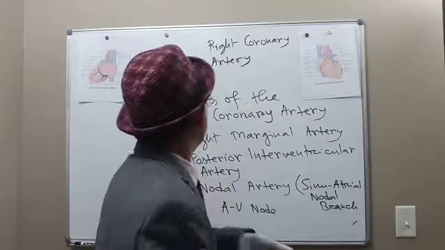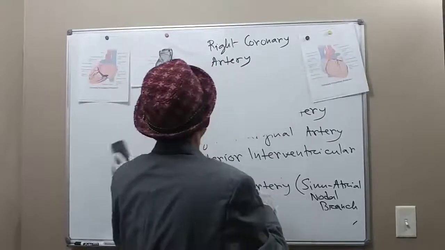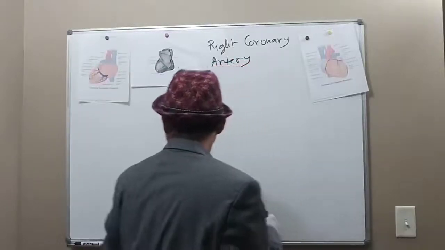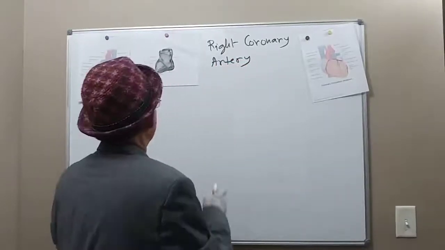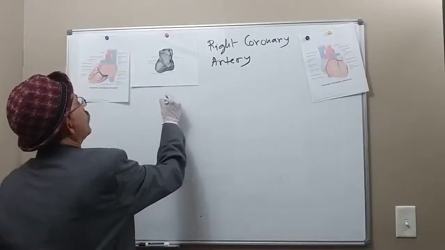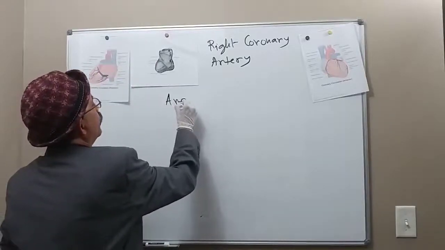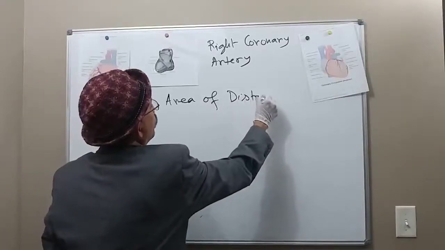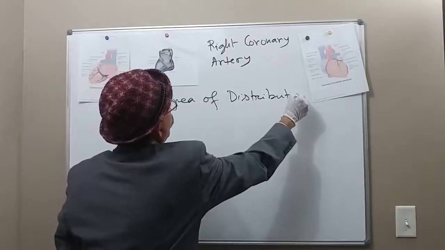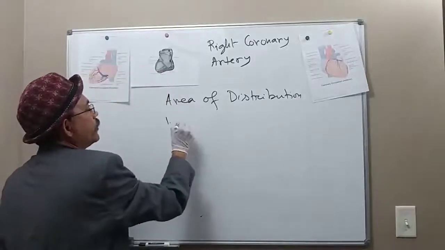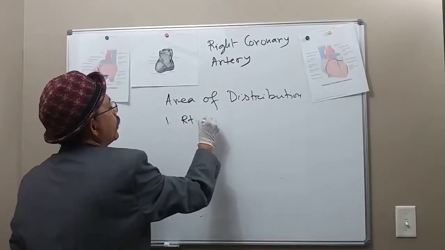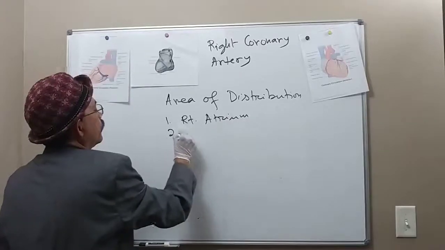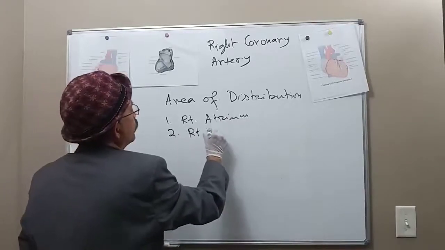It supplies the right atrium and right ventricle. We have some ventricular branches and other small branches. Then through the posterior interventricular artery, it supplies the right ventricle and left ventricle. So, the area of distribution of the right coronary artery: it supplies the right atrium and right ventricle.